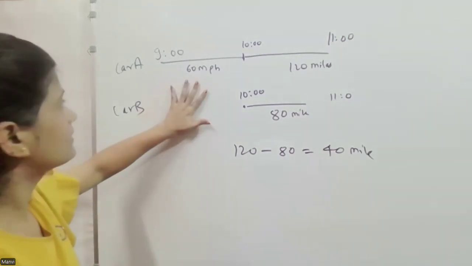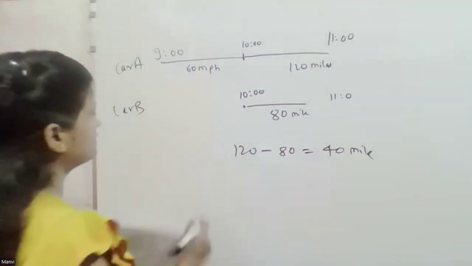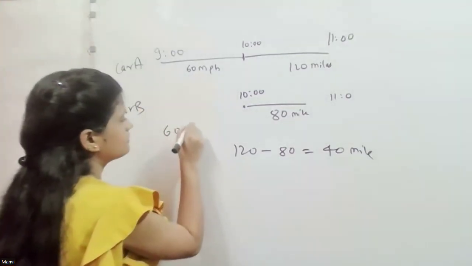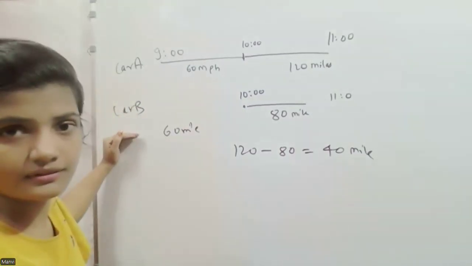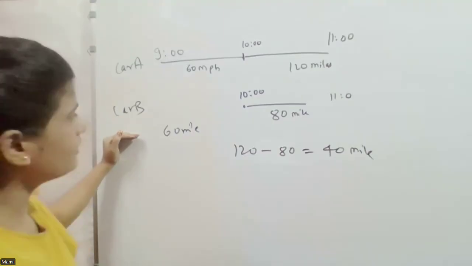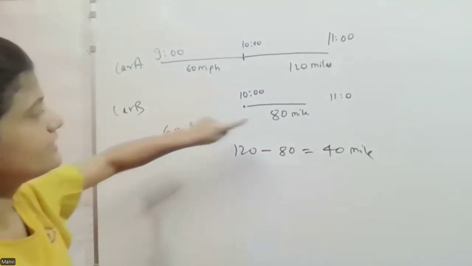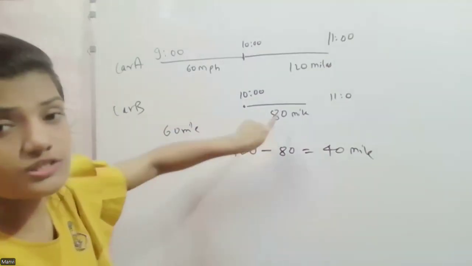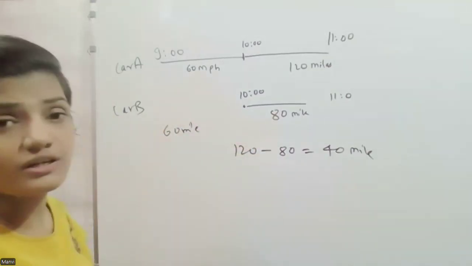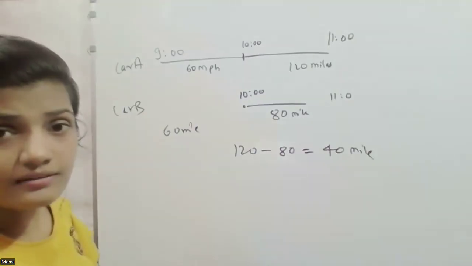Okay, car A already traveled 60 miles. Then when car B started, the speed is 80 miles per hour. So 80 minus 60 is 20 miles per hour.